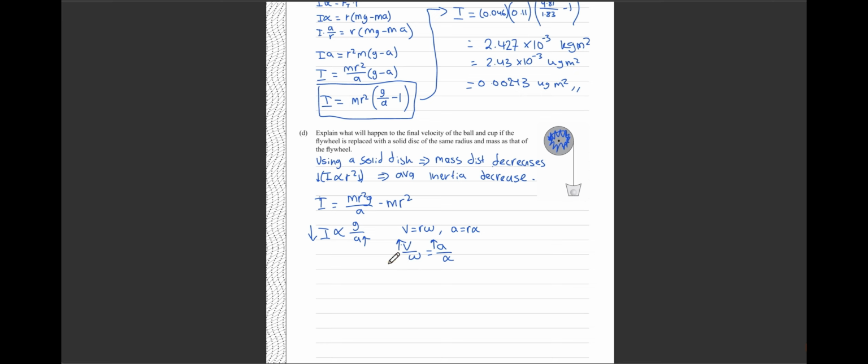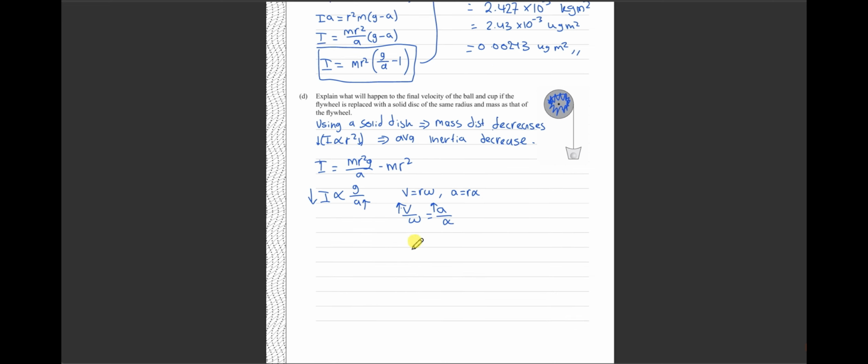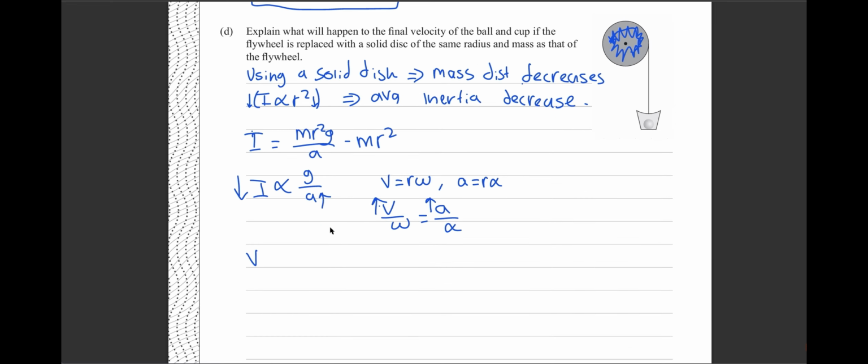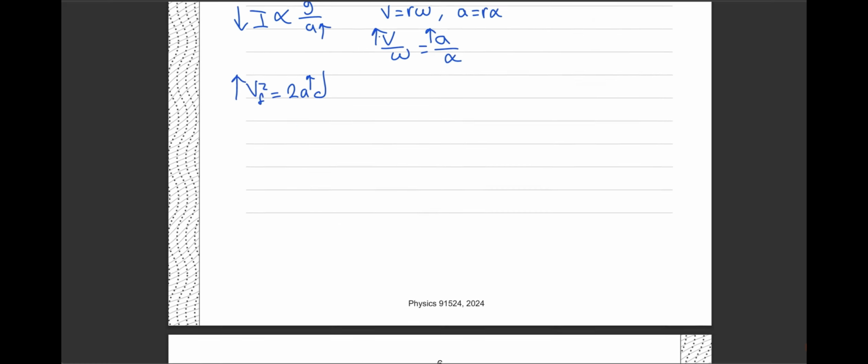I don't think I'm missing anything. The final velocity will increase. You could also use the result that the final velocity squared is 2 times your acceleration times the distance it falls through. So a larger acceleration means you'll definitely have a larger velocity.